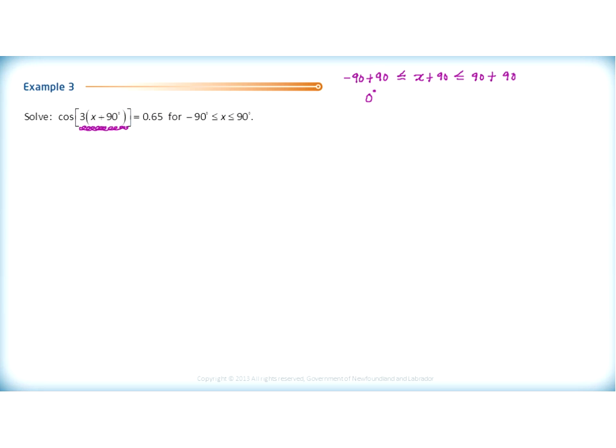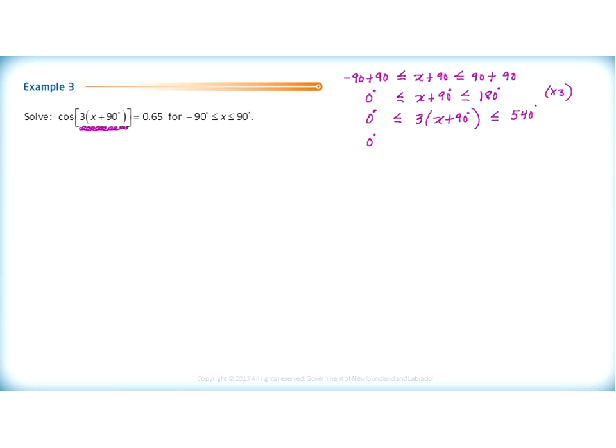So we have 0 degrees is less than or equal to x plus 90 degrees, less than or equal to 180 degrees. But then we need to multiply throughout by 3. So if we multiply throughout by 3, we're going to get 0 degrees is less than or equal to 3 times x plus 90 is less than or equal to 3 times 180 degrees is 540.